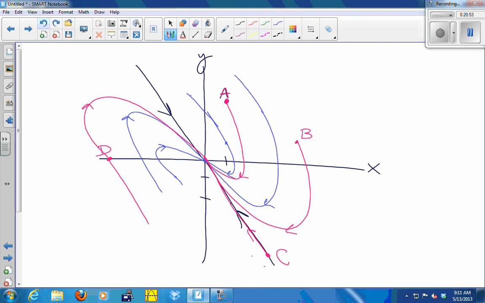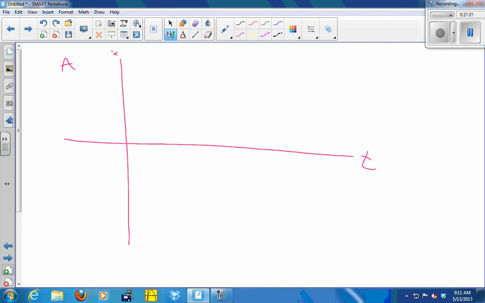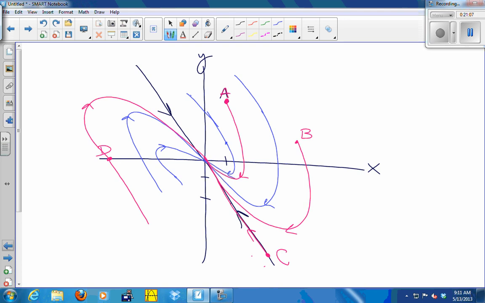Okay, so let's see, for A, so first let's look at what happens to the X coordinate as we follow the trajectory that starts at A. So the X coordinate starts at 1, right? The X coordinate of A?